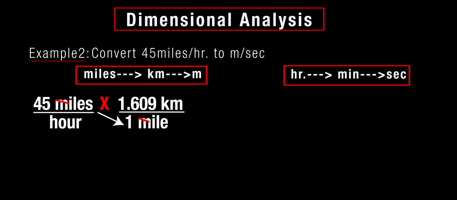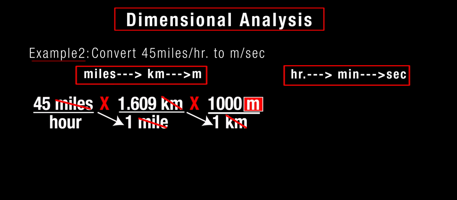And then you cancel out mile. To convert kilometers to meters, you multiply by 1,000 meters per 1 kilometer, because 1 kilometer equals 1,000 meters, and you cancel out kilometers. And then you'll be left with just meters.